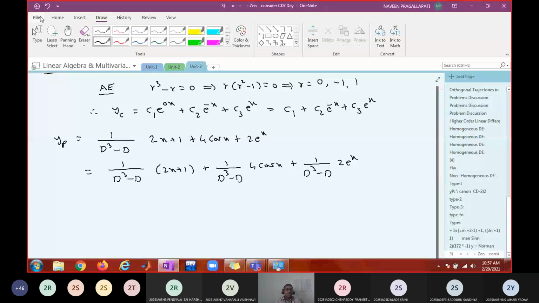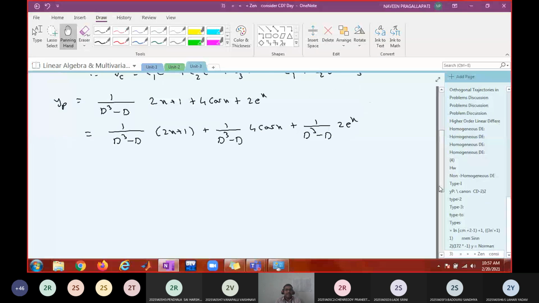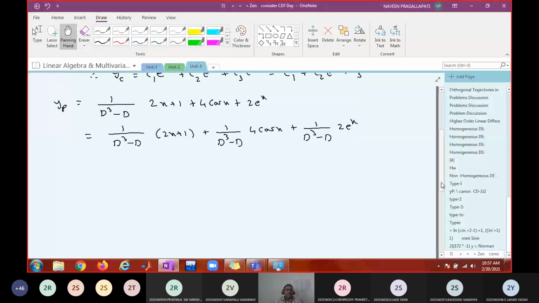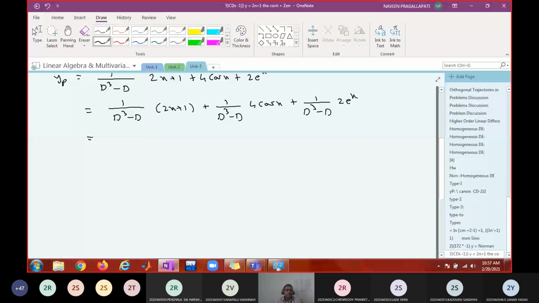If you want, you find out each particular integral separately and substitute in this formula. That will be better, I guess, because with too many terms you may get confused. If you omit writing any one term, that may lead to a wrong answer. So 1 by D cube minus D, you do it separately.